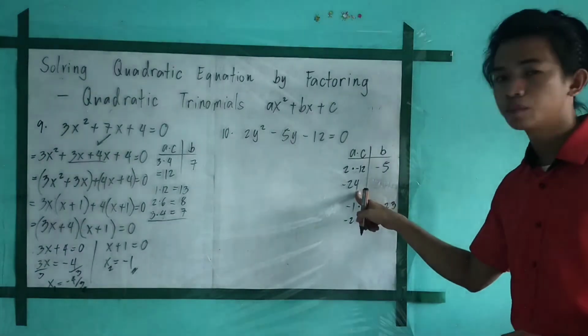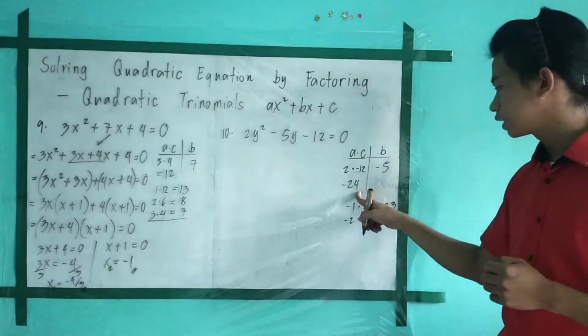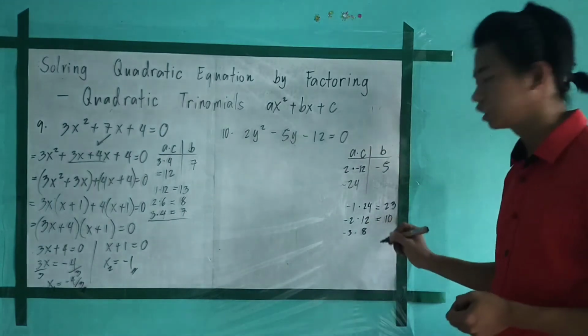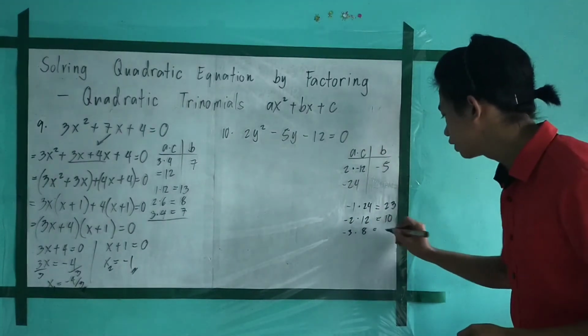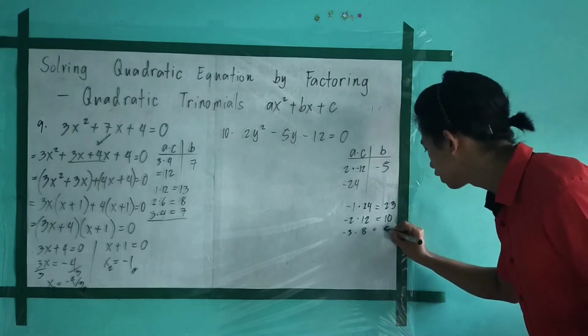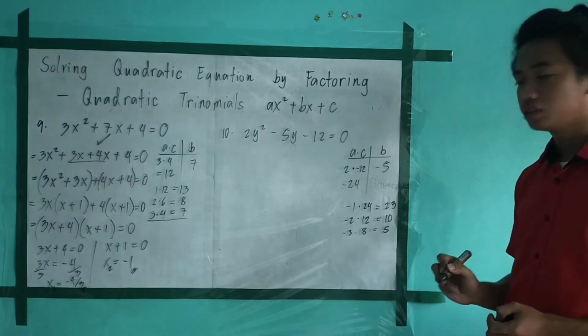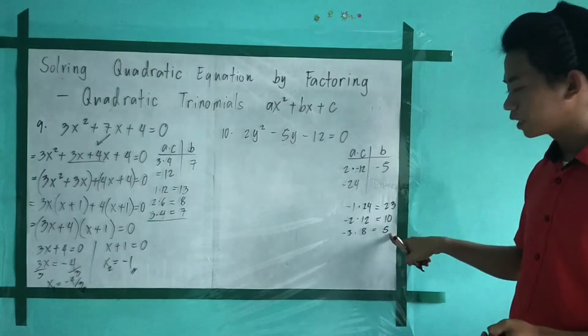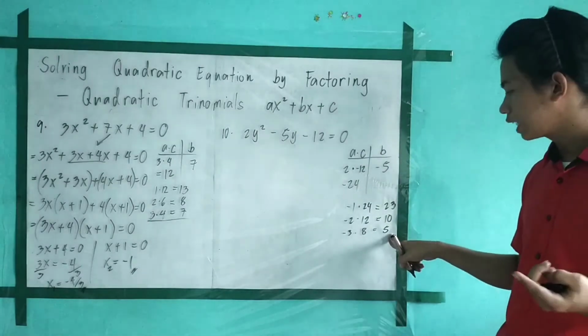Next, divisible ba siya by 3? Yes. So, negative 3 times 8. Ang sum is equal to positive 5. So, hindi pa rin. Wala pa rin, kasi negative 5 yun. Ito ay positive 5. So, baliktarin lang natin.